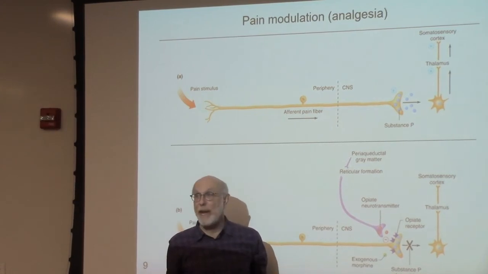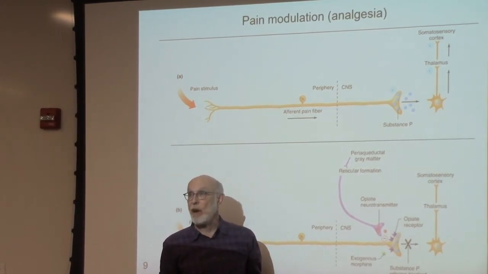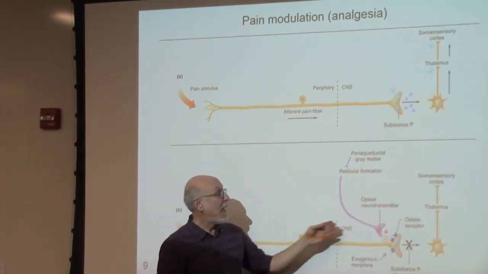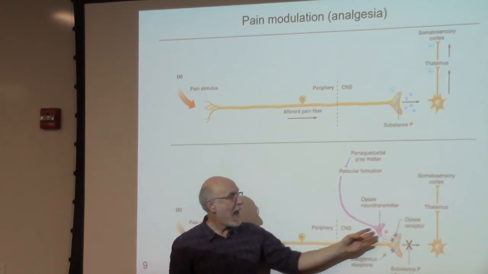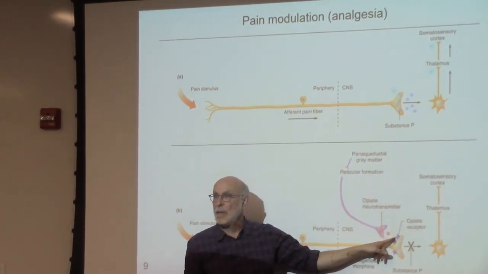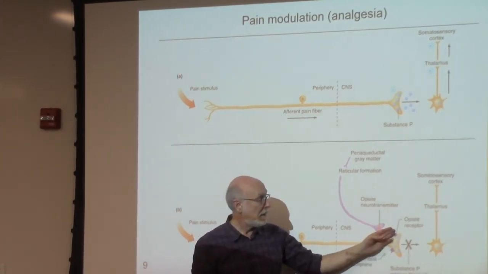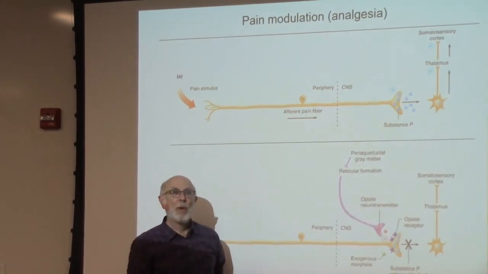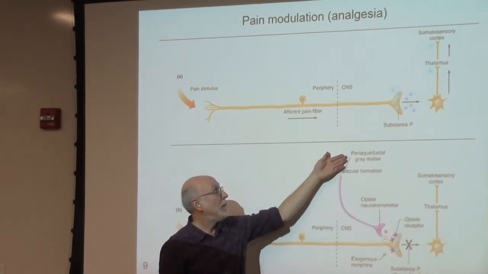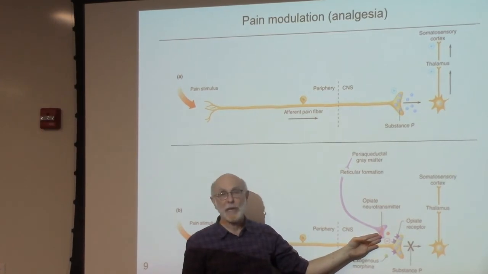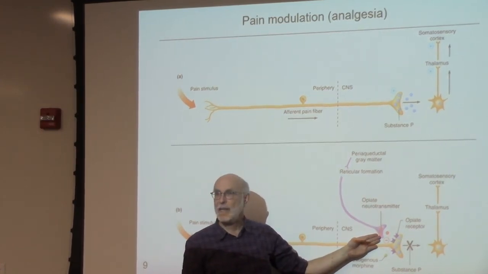You also know that there are other types of painkillers, like opioids. Opioids are excellent painkillers. They have a very negative side effect of causing addiction, but they are excellent painkillers. And they work by activating presynaptic inhibitory receptors on the first synapse. So we have neurons from the brain that release endogenous opioids, endorphins and enkephalins.